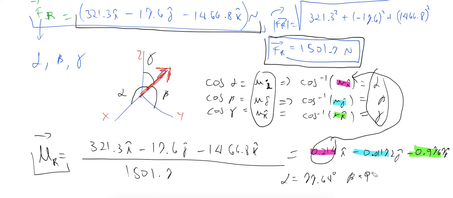I'm sorry, this is not good. And then gamma, so that's a negative angle. Why didn't it give me... Oh, it's past 90 degrees, so we're good. It's not supposed to be a negative angle. Okay, then inverse cosine.